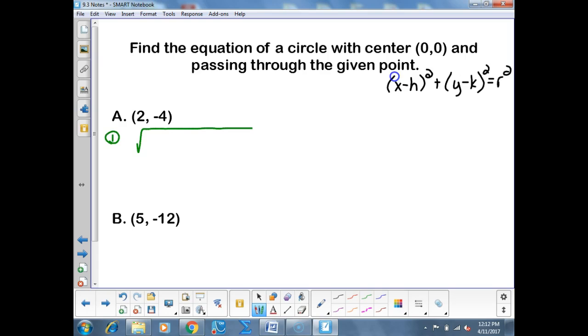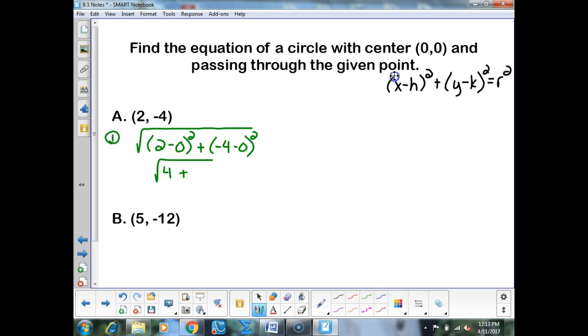So that's going to be the square root of 2 minus 0 quantity squared plus negative 4 minus 0 quantity squared. 2 minus 0 is 2. 2 squared is 4.